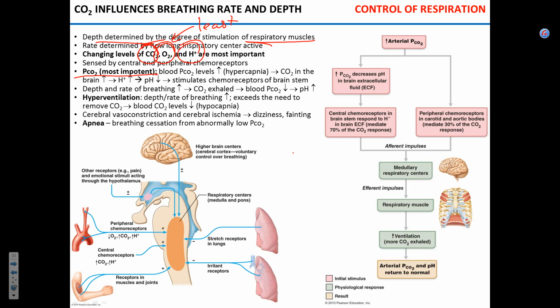When concentration of CO2 in the blood goes up, carbon dioxide in the brain goes up, and pH in the brain goes down. Importantly, that stimulates the brainstem receptors, which elevate the depth and the rate of breathing.